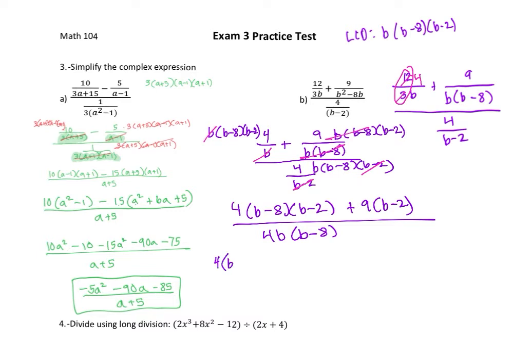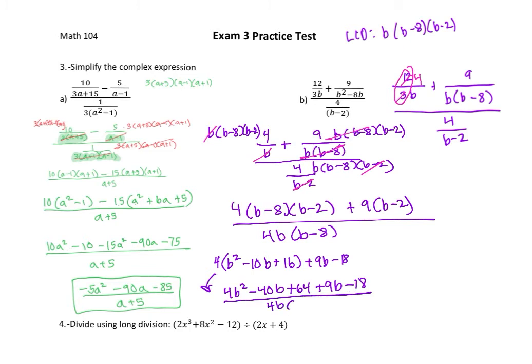4b squared minus 10b plus 16 plus 9b minus 18. I'm going to do that real quick. 4b squared minus 40b plus 64 plus 9b minus 18 all over our denominator.